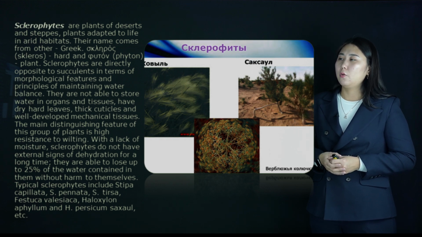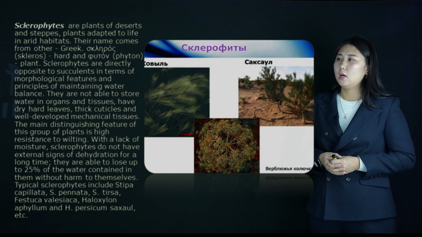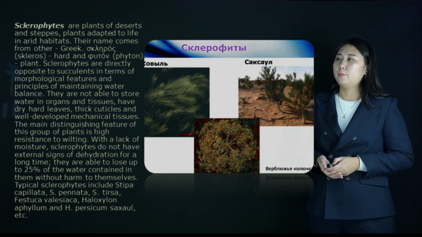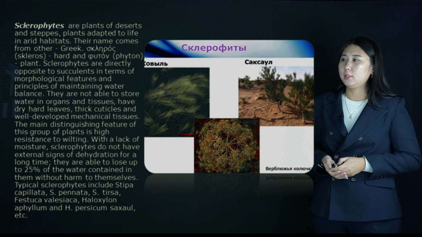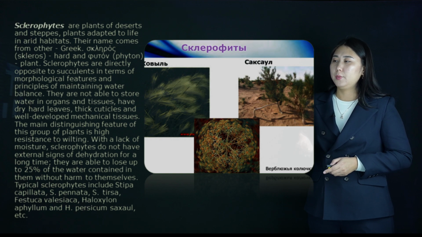With a lack of moisture, sclerophytes do not show external signs of dehydration for a long time. They are able to lose up to 25% of the water they contain without harm to themselves. Typical sclerophytes, you can see in this picture, are Stipa pennata, Festuca valesiaca, and others.